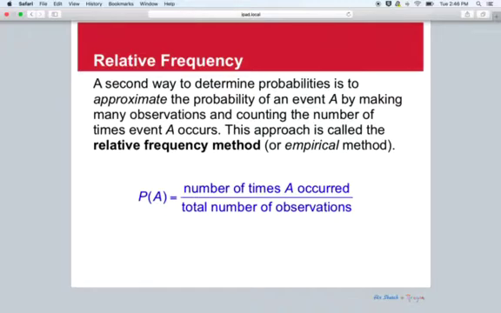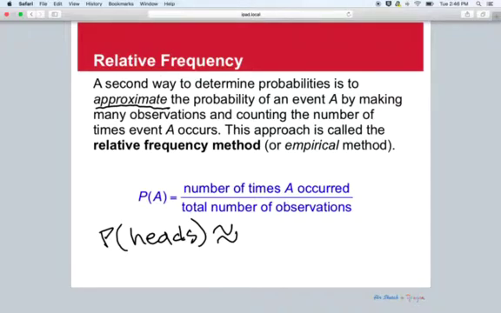Another way to determine probabilities when you don't know how many individual outcomes there are is to approximate it, so do it by experimentation. Let's say we didn't know how many possible outcomes there were when we flipped a coin. We do know that there are exactly two, heads and tails, but let's say we didn't know and we wanted to know the probability of getting heads. One way to approximate that probability would be to flip a coin 100 times and count up the number of heads.